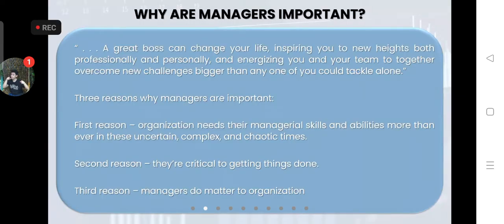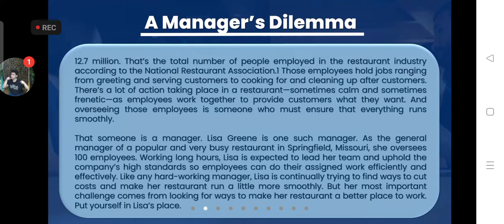Like many students, maybe you've worked in the restaurant industry at some time or another. It's not an easy job. It can be hot, dirty, exhausting. Customers can be rude and demanding.